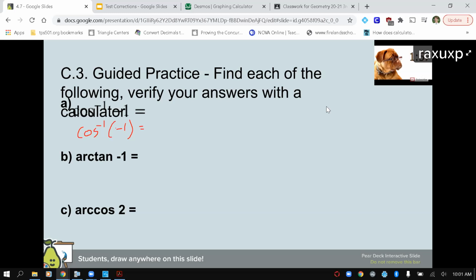Remember, cosine takes an angle, it gives you an x value on the unit circle. So the cosine inverse would take the x value and give you an angle. So you need to look where on the unit circle do we have an x value of -1. Tangent takes an angle and gives you y over x. So you need to say the arctan then would take y over x and give you an angle.